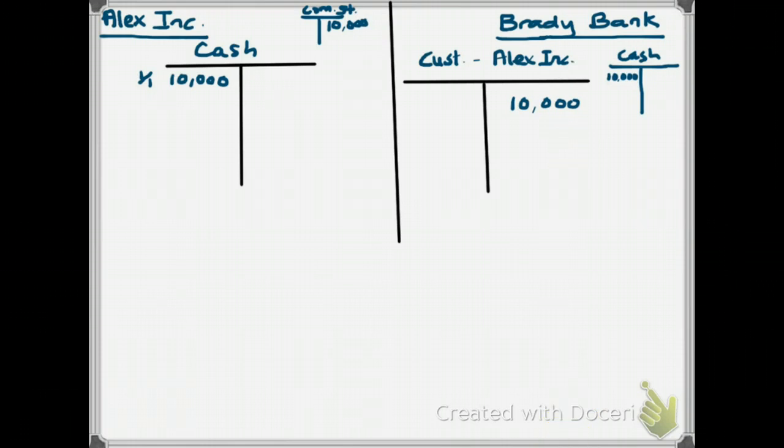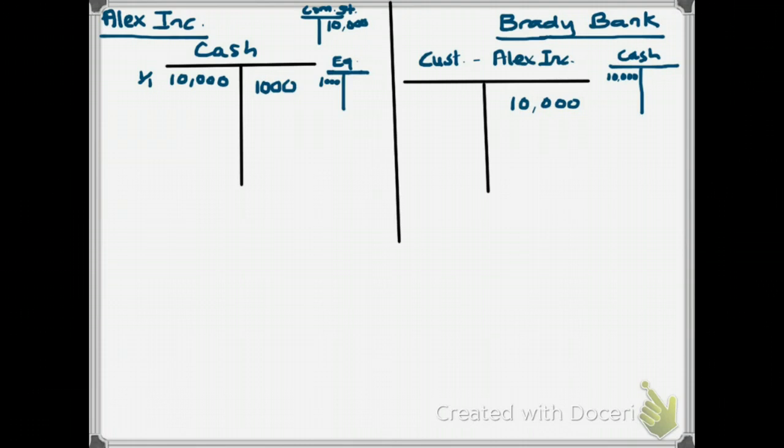The next transaction is Alex Inc. bought equipment for $1,000. So in our books, we are Alex Inc. Remember, we are going to debit our equipment account for $1,000 and credit our cash for $1,000. Again, typically when we pay cash, it's by check.